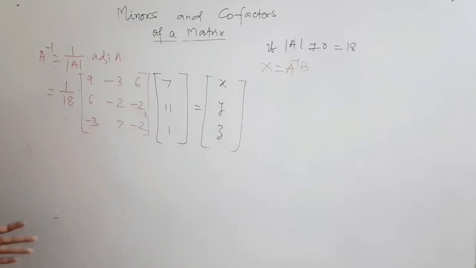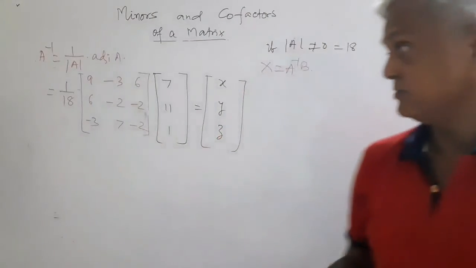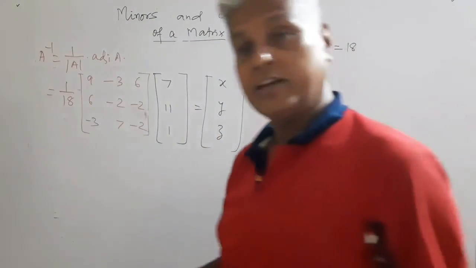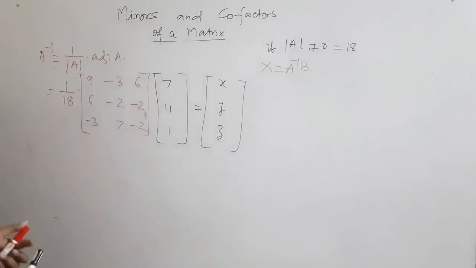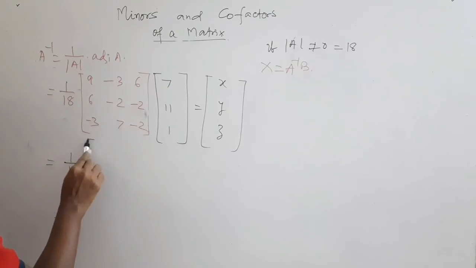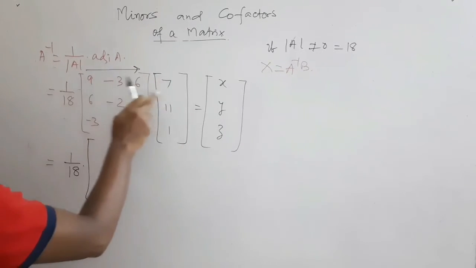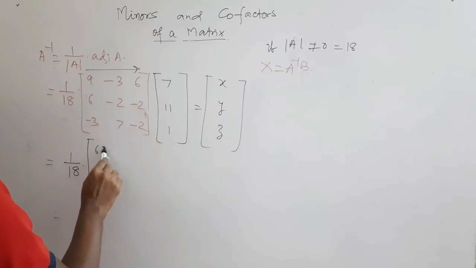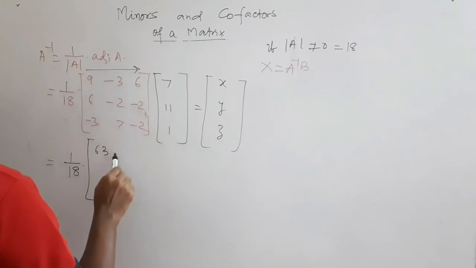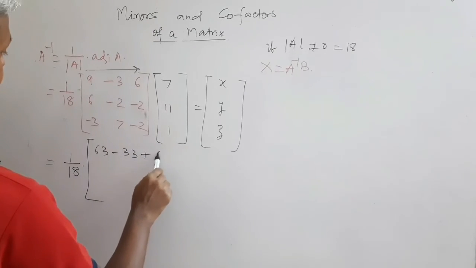If I have made some mistake, then very frankly it's very difficult to debug because most of the part I've already omitted. Okay, so now hopefully I should not be wrong. Let's see. So this is 1 over 18. Now this row and this column. 9 sevens are 63, minus 3 times minus 11 is minus 33, 6 plus 1 is 6.